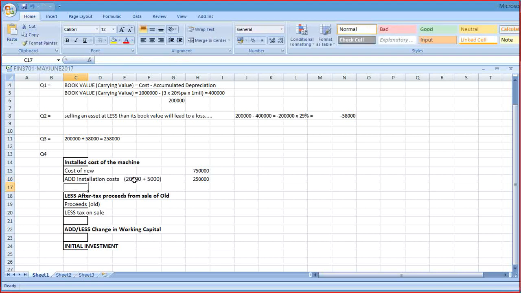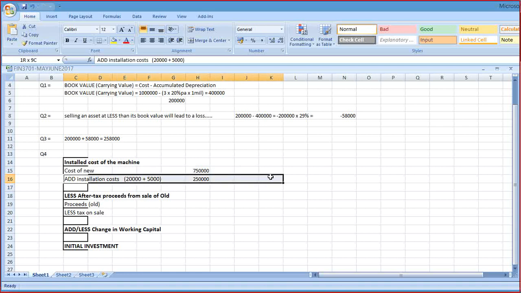I would even state that the 20,000 is for installation, and I would state that the 5,000 was for transportation. These are things that you would do if this was written, which it can be. In this past paper, I don't think they gave you a question for initial investment as a long question. They asked you other things, but I'm obviously doing it the same way as I would if it was written.